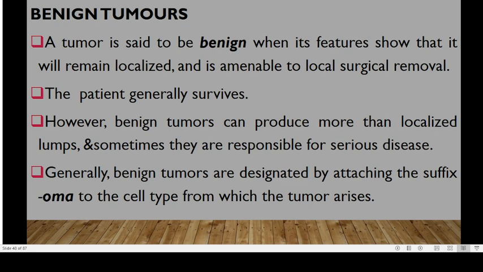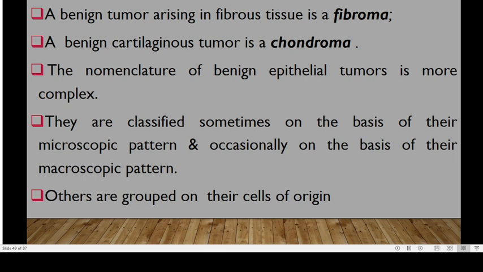So generally, benign tumors are designated by attaching the suffix "oma" to the cell type from which the tumor arises. So a benign tumor arising from the fibrous tissue is referred to as, can someone give us a guess?